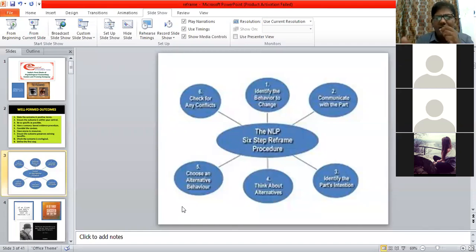It is just like clinical hypnotherapy, wherein we make the individual sit, and we try to identify the behavior he wants to change, and then we try to find what positive intent the other part derives out of the negative habit. For example, I was in Dehradun for a program.